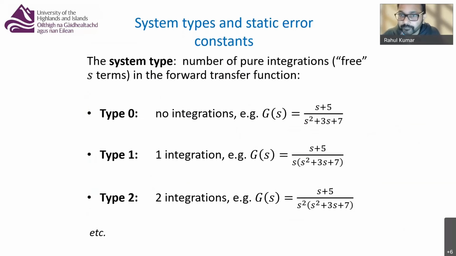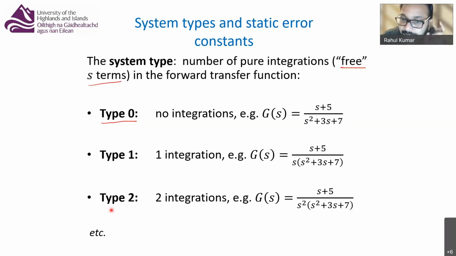Now, depending on the number of free s terms, we can have different types of system. We can have a type 0 system where you do not have any free s term. You can have a type 1 system where you have a single free s term, or a single integrator.